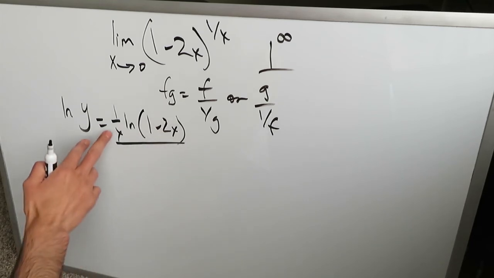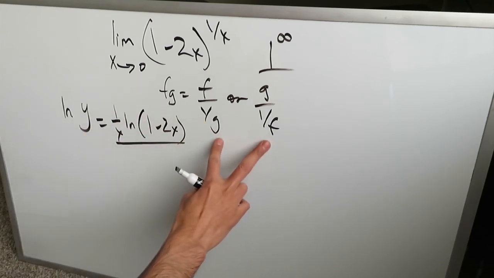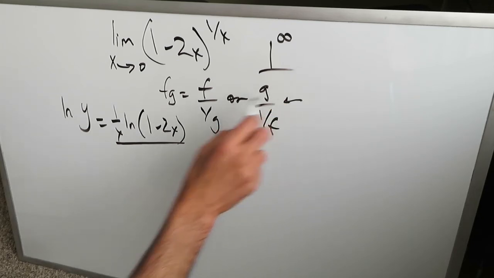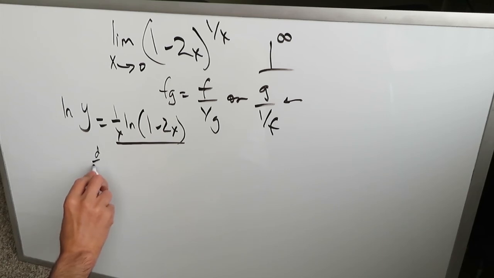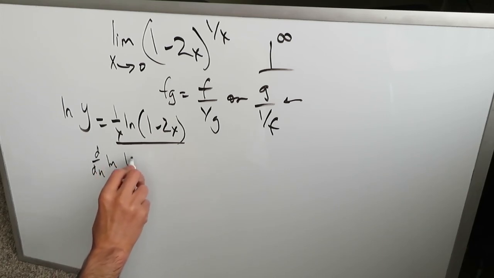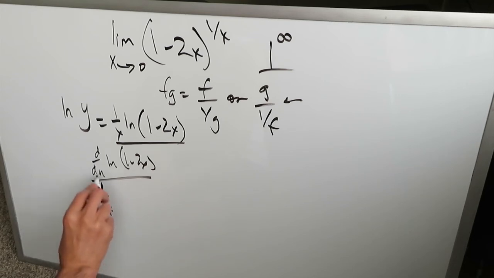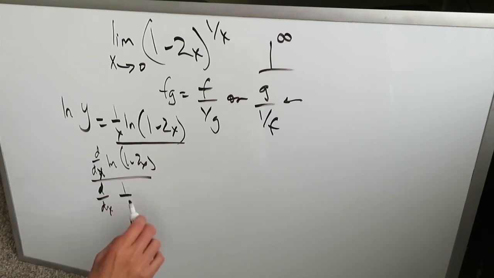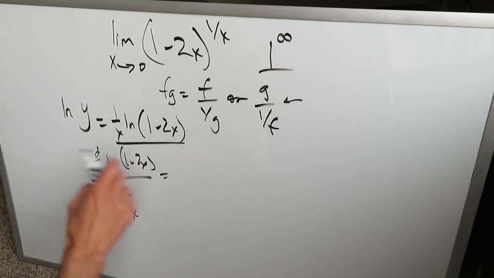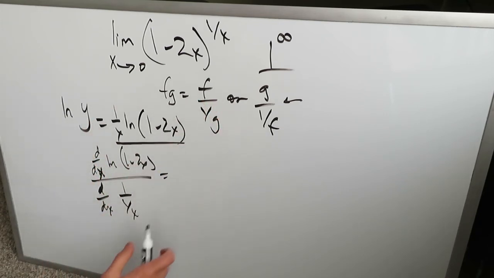You just have to decide which of these is f, which is g, meaning which format you will use. And I believe I will go with this format right over here, keeping the natural log on the top. Derivative of the natural log of 1 minus 2x divided by the derivative of 1 over x. My f function is 1 over x, but you still have to do the reciprocal of that.